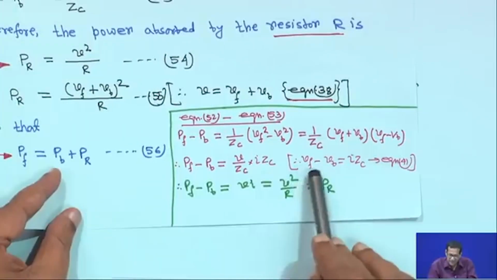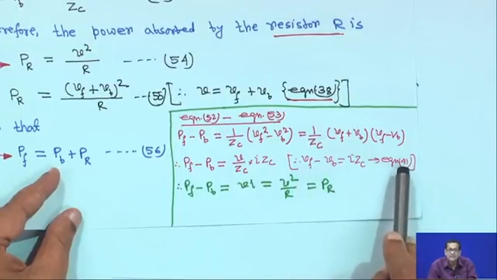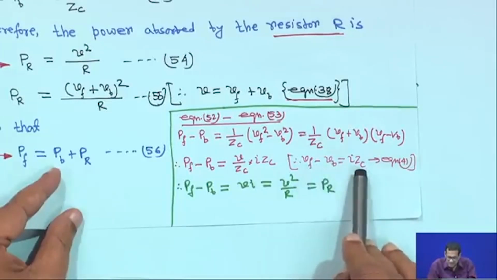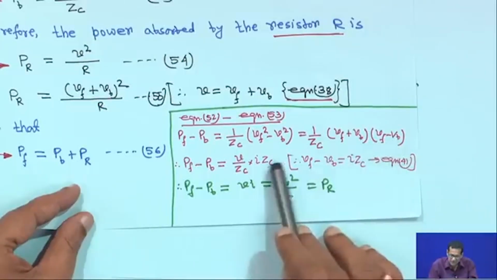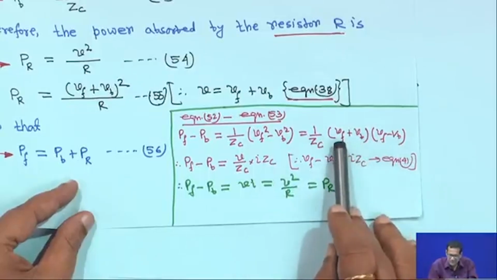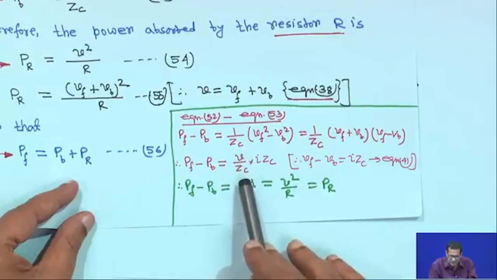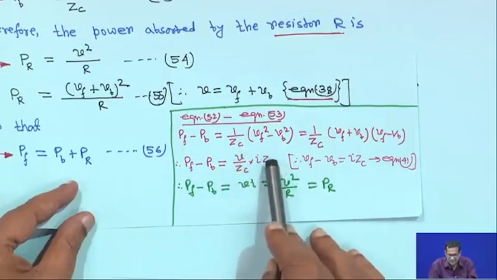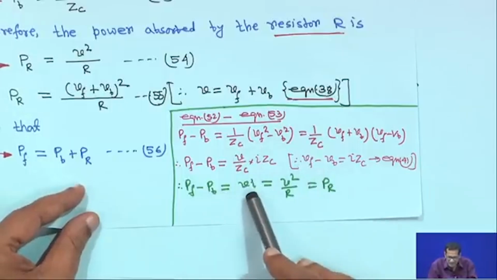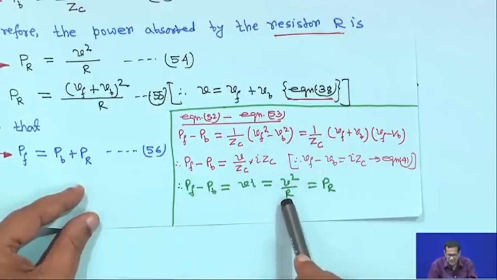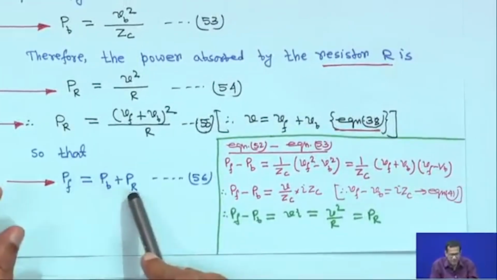Now, Vf minus Vb we have from equation 41, where Vf minus Vb is equal to I into Zc. And you know that V is equal to Vf plus Vb. So, Pf minus Pb will be V by Zc into I into Zc. Zc cancels, and it will be V into I. So, Pf minus Pb is V into I, which is nothing but V square by R, that is equal to Pr. That is why Pf is equal to Pb plus Pr.